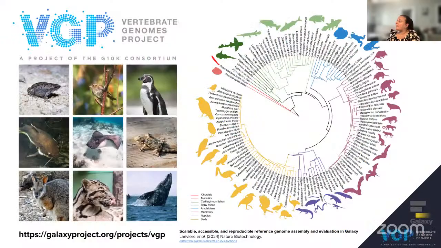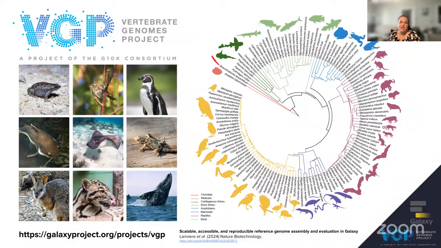This big project would be nothing without this big community of scientists, developers, and people using these tools. And we have had a big collaboration for a couple of years now with the Vertebrate Genome Project, which aims to sequence up to 70,000 species of vertebrates.